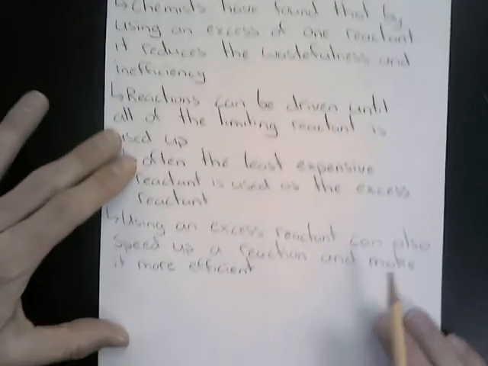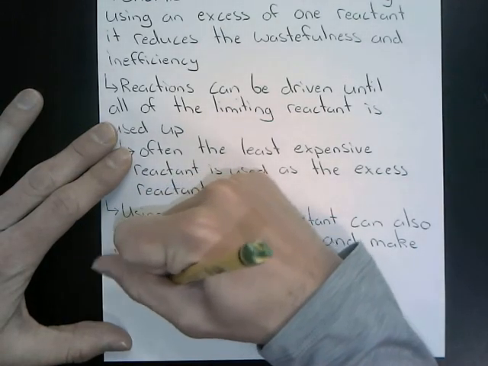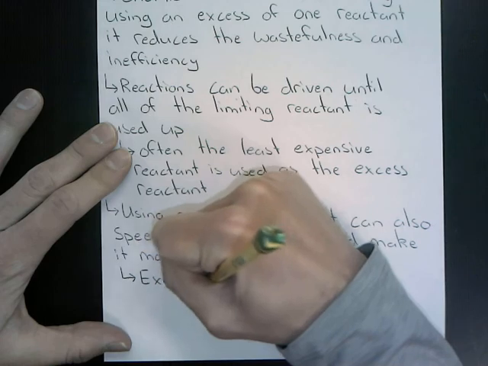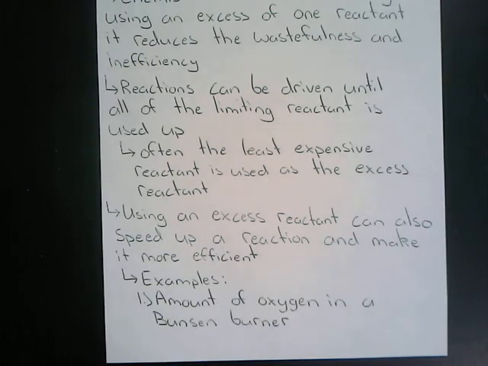Now, a few examples of this are as follows. Number one here is the amount of oxygen in a Bunsen burner. And number two is the production of polyvinyl chloride, or PVC.